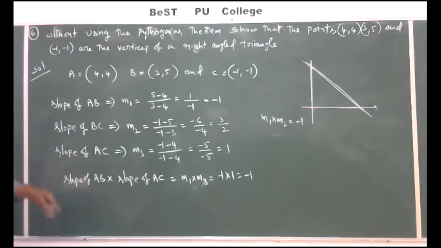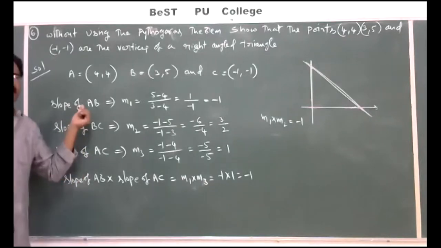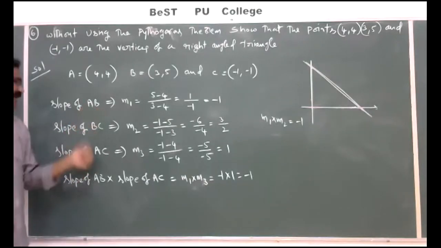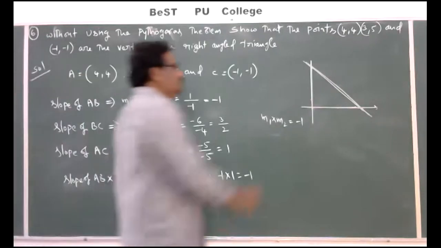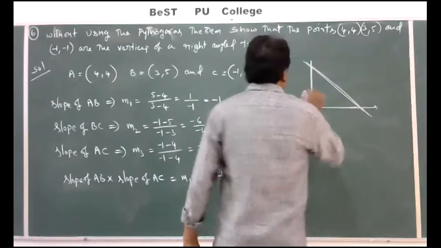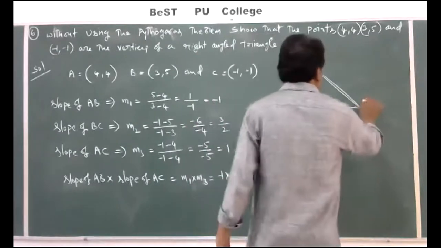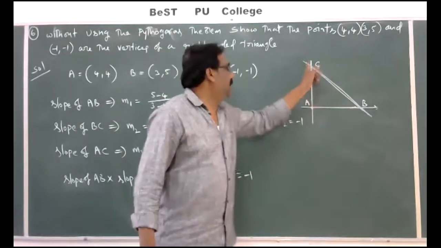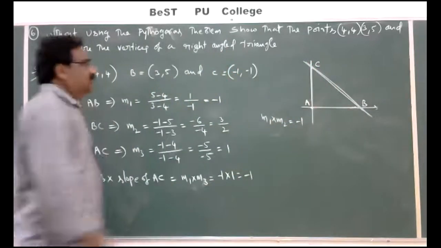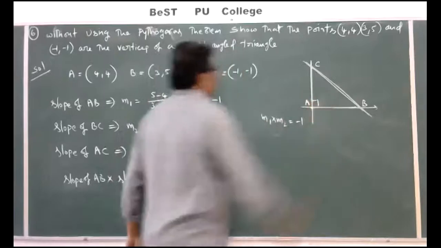Observe this: AB and AC both are perpendicular. A is common here, so the right angle is situated at A. Then AB is perpendicular to AC. That's why this is a right angle triangle.